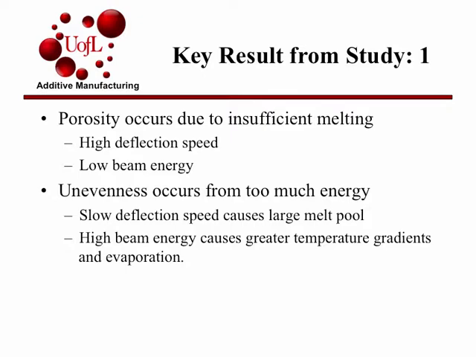And then unevenness occurred from too much energy, so slow deflection speed or too much beam energy into the material. I was trying to think of an example, and if anyone's ever stick welded, if you're going too slow, then you get too much of a puddle, and it's going to splatter and go everywhere. So that might make a little more sense.